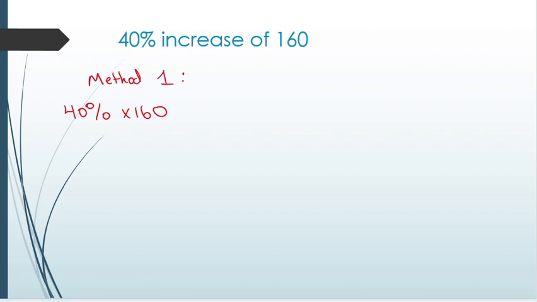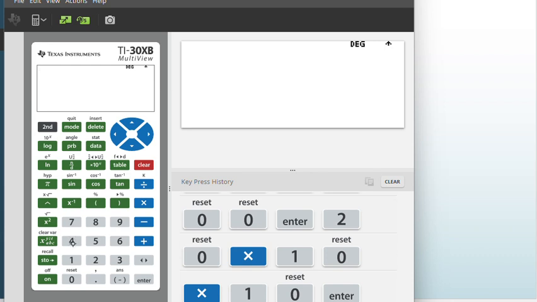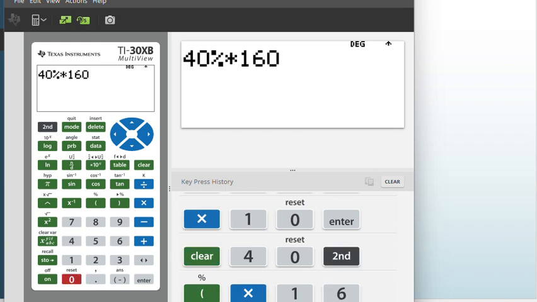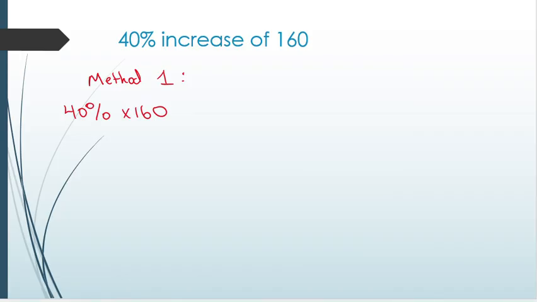So if you type that in the calculator, to get the percentage sign, you have to press the second button and then the open bracket sign. As you can see, based off my calculator, you'll see the percentage sign above this open bracket button. In order to access that, you must make sure you press the second button first. So you find 40% times 160. That ends up being 64.